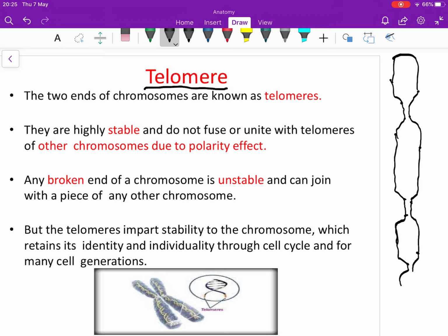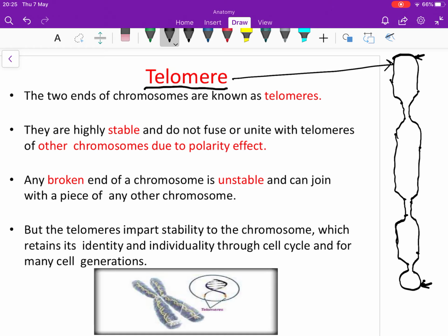Now see, the region at the end. These are two ends: this is the first end, this is the second end. And these two ends are known as telomeres.